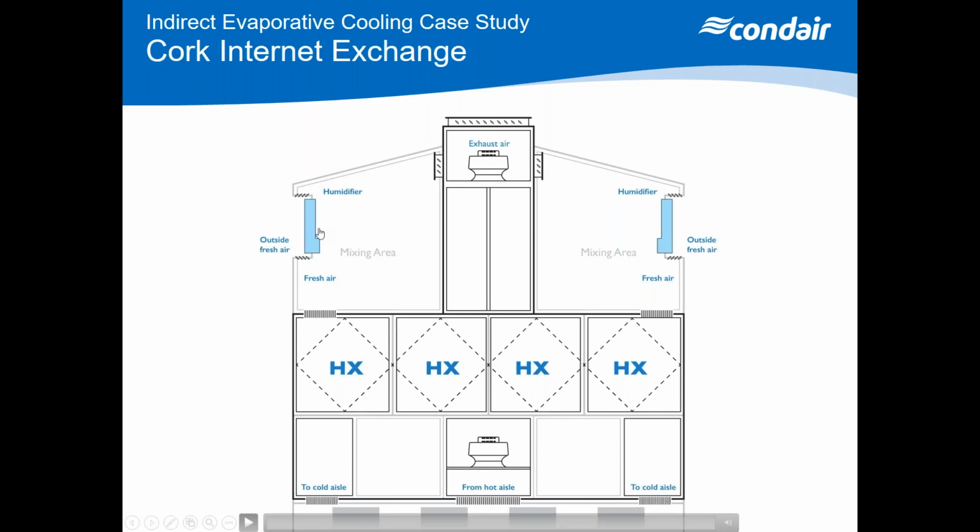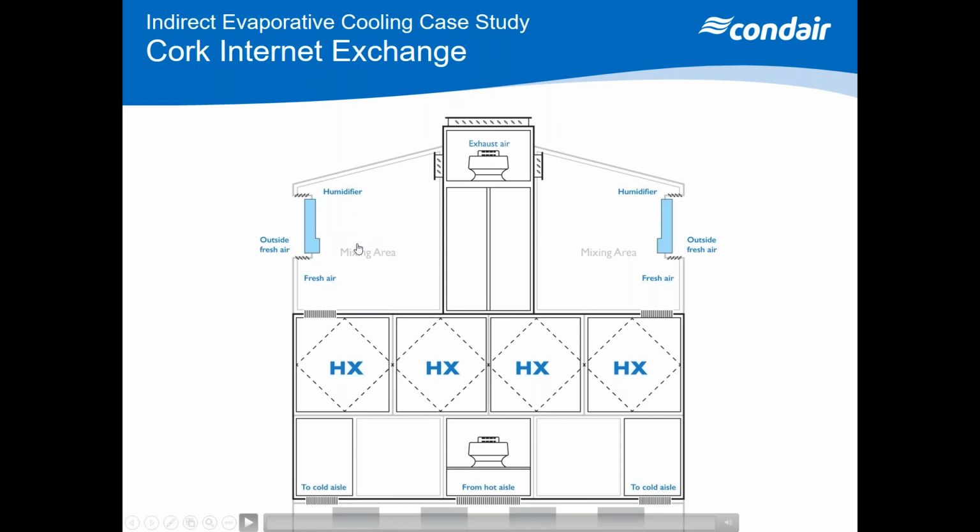It goes through an evaporative humidifier or evaporative cooler, where of course we evaporate water into the air, subsequently increasing the relative humidity, increasing the moisture content, but decreasing the dry bulb temperature. And that goes into a mixing area where it can be mixed with exhaust air dependent on the controls.